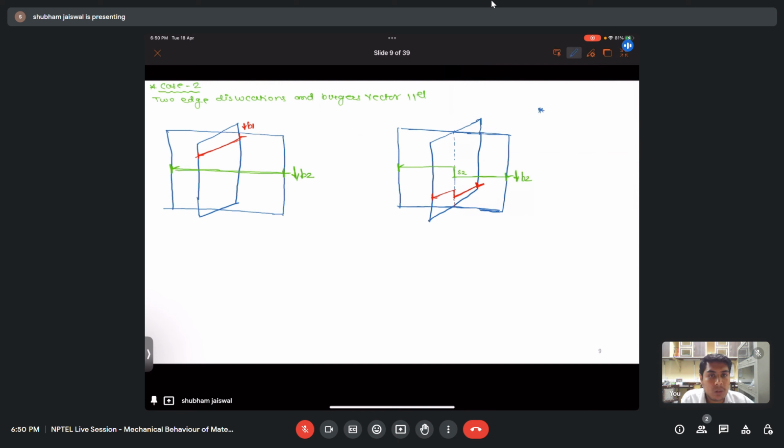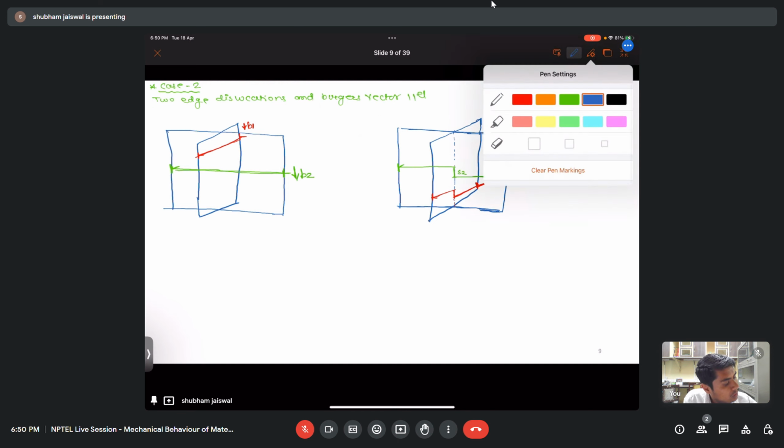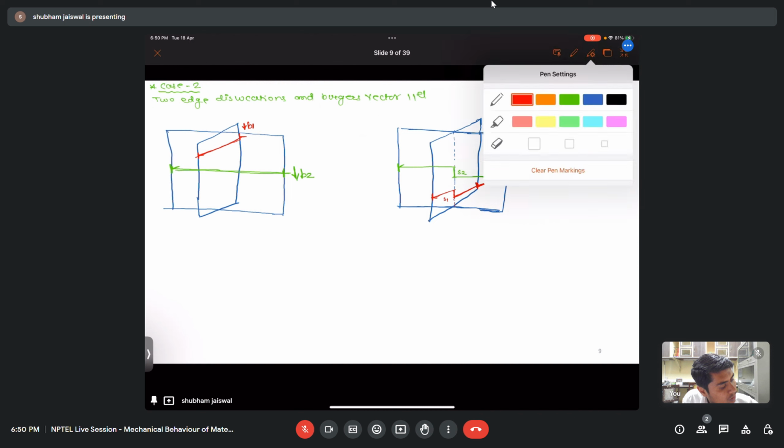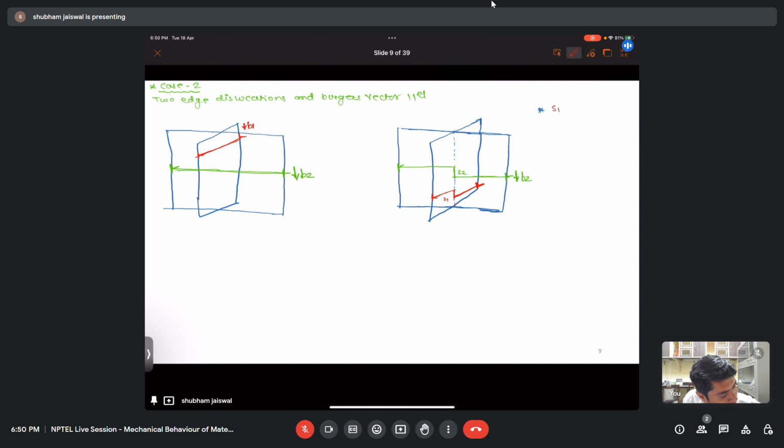So it means this S1 and S2 are kinks. S1 and S2 are kinks, and as in these two cases, the Burgers vector is parallel to the steps, it means these kinks are screw in nature.